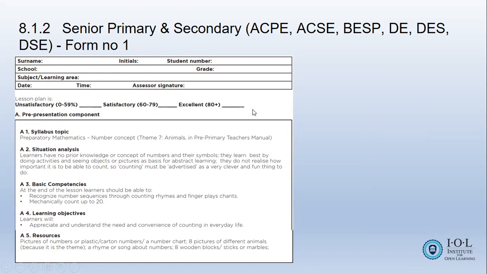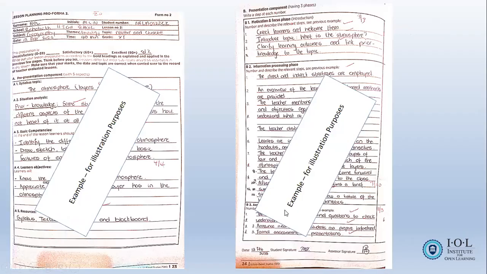This year, your teacher who is supporting you will shade in which area that lesson was about. There is a lesson topic. You look at the phases here: situation analysis, the basic competencies, the learning objectives, with the resources as well.